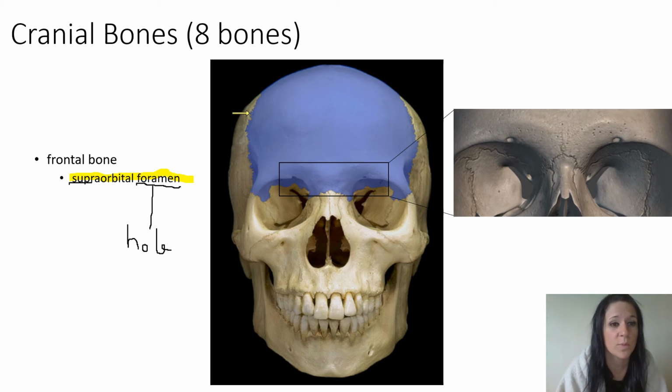Supra means above, orbital is saying the orbit or the eye, and foramen is saying hole. So if we look, there are these little holes in the skeleton right above the orbit, and these are the supraorbital foramen. I've enlarged this image over here so we can really see those foramen.